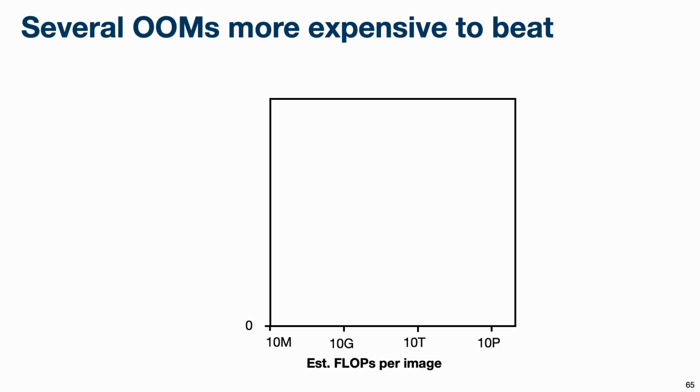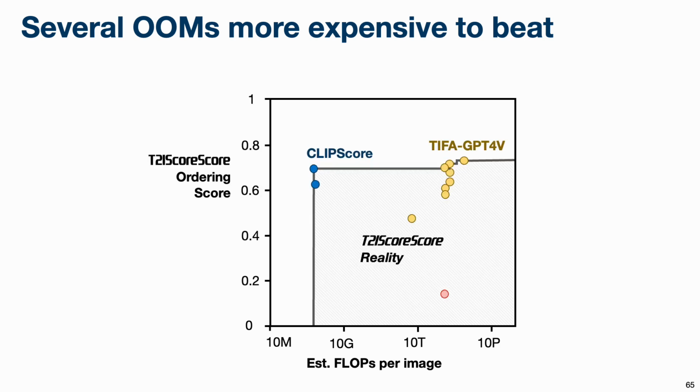However, when we switch to our evaluation and check those same models, the increase in performance almost completely disappears. And we actually see that some of the variants of TIFA that were beating CLIPScore on the original evaluation now are actually worse than it.